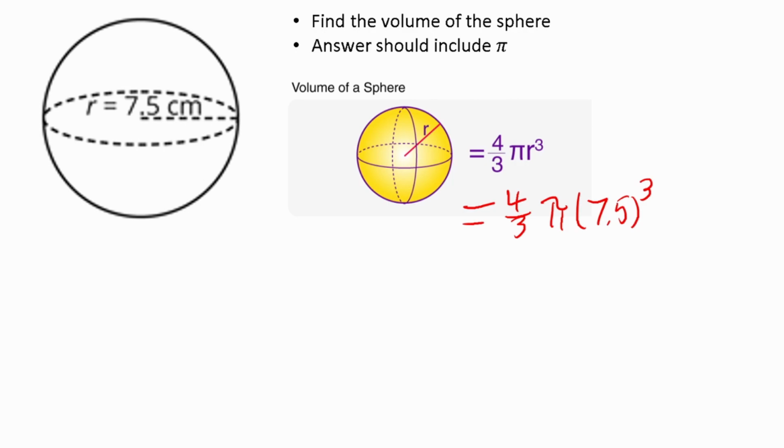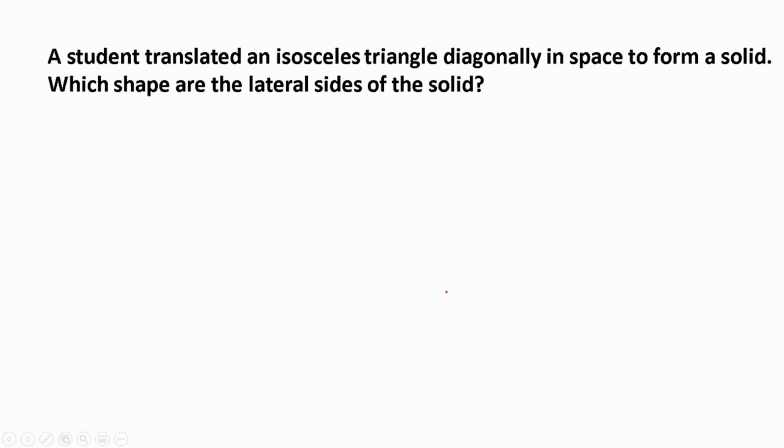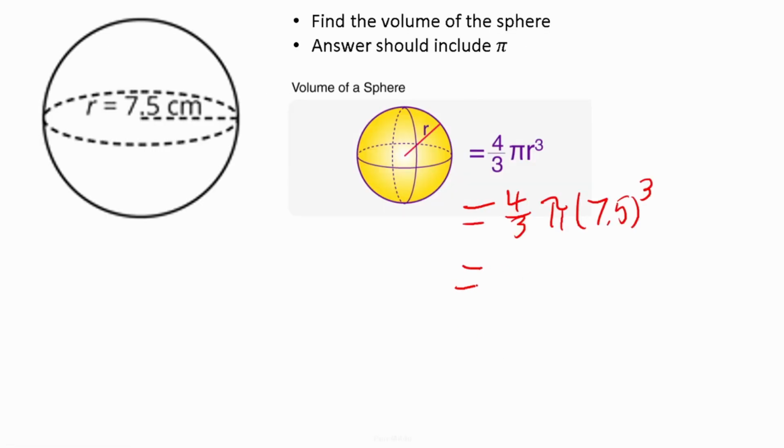And that's going to give me, whoa, back it up. That's going to give me 4/3 times, and I'm just going to swap the pi and the multiplication here around, 421.875 pi.